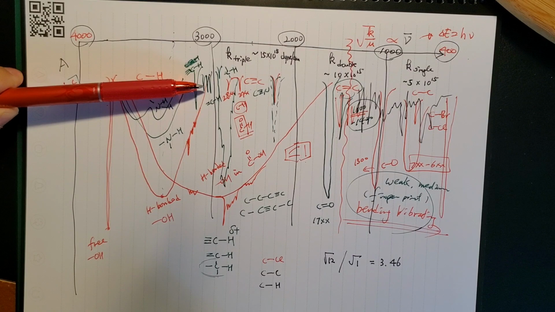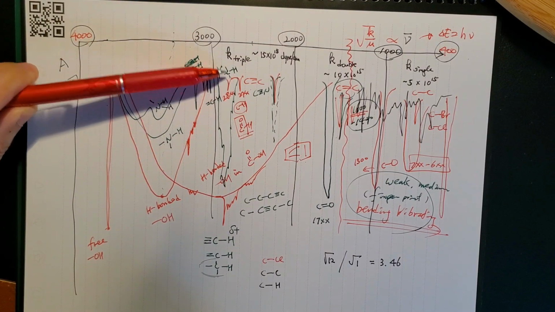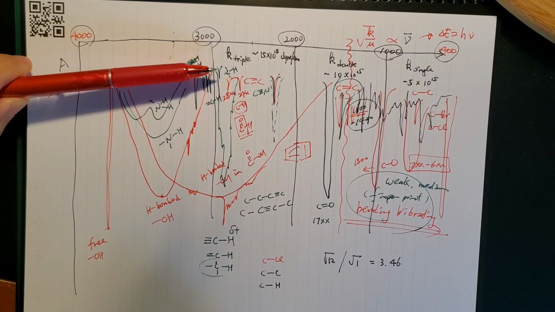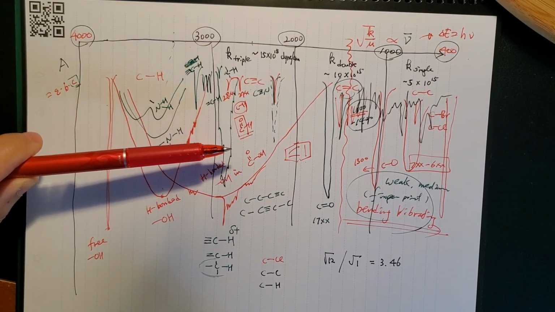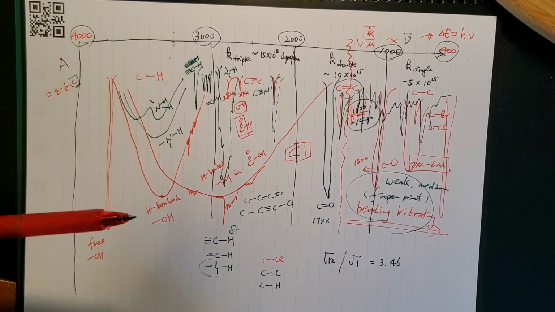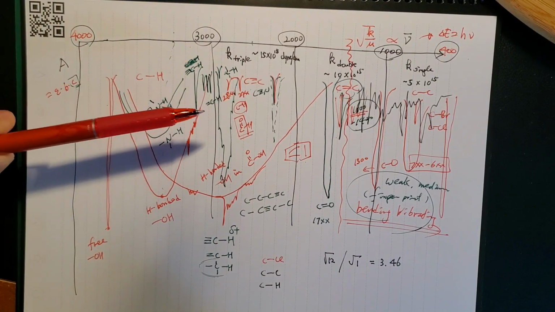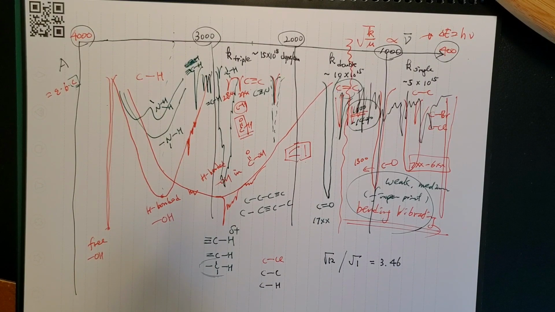Then sp3 CH, sp2 CH: sp3 CH is below 3000, and it normally comes in a bunch, so it is normally tall. And then aldehyde signals at 28 something to 2700 something.